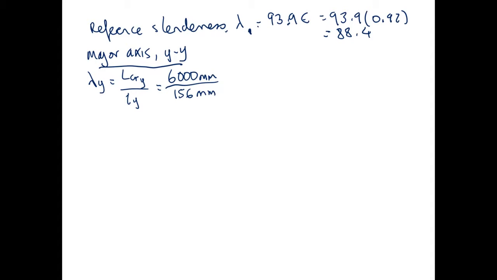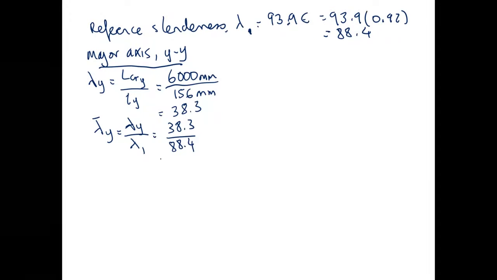We got that straight from the blue book, and that gives us a value of 38.3. That's the slenderness, and then the normalized slenderness value is equal to the slenderness value divided by the reference value. So that's 38.3 divided by 88.4, and that's going to give us 0.433.